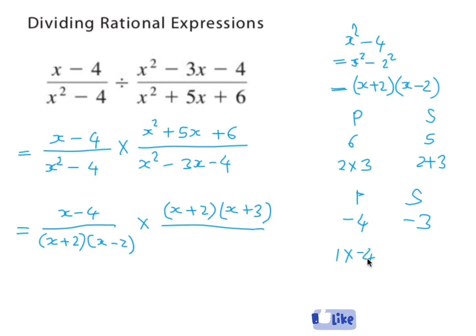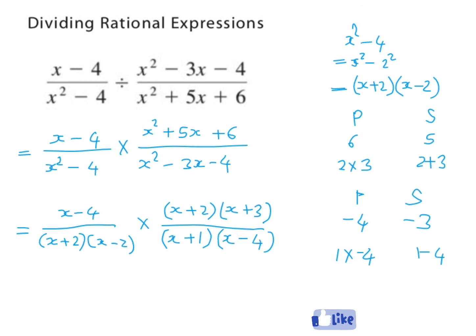So 1 times negative 4 is negative 4 and 1 minus 4 is minus 3. So we got two numbers 1 and minus 4, whose product is minus 4 and sum is minus 3: plus 1 and minus 4.